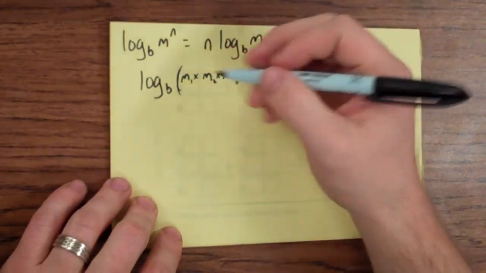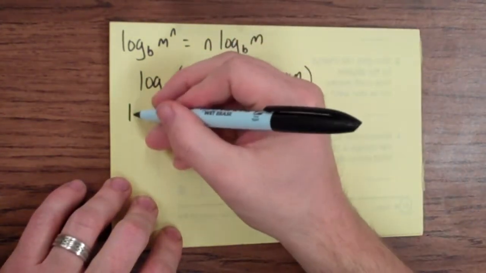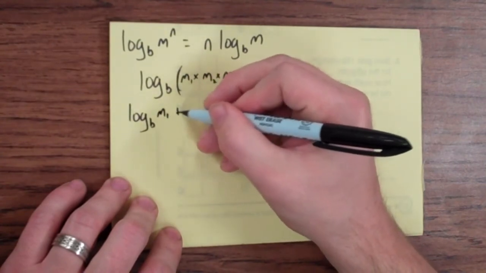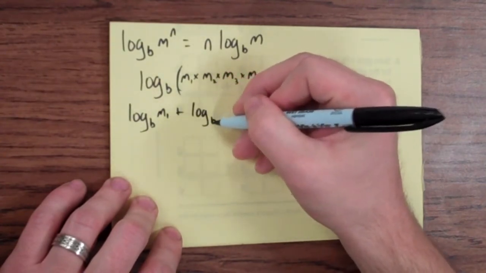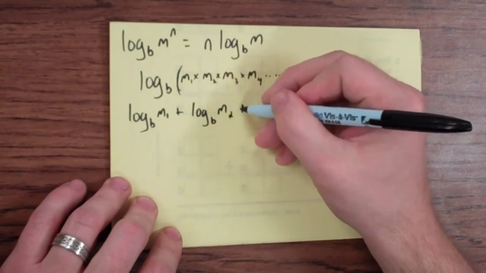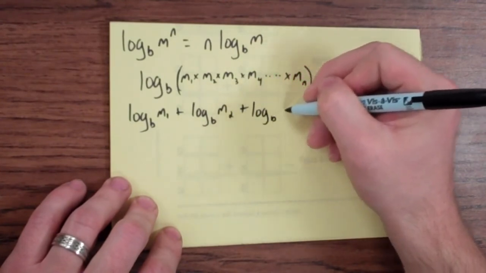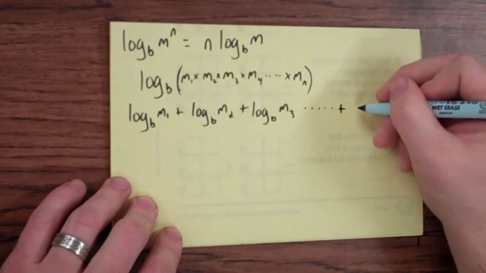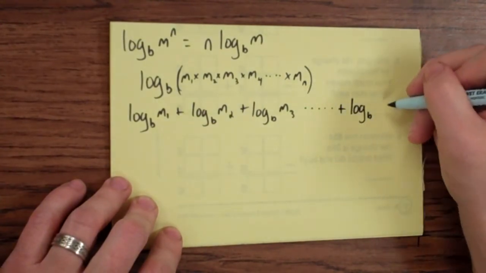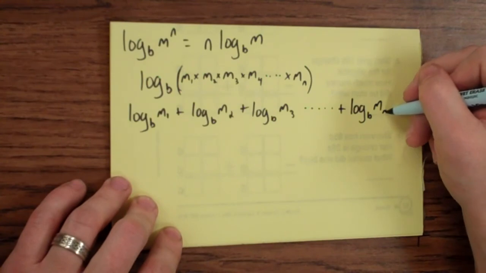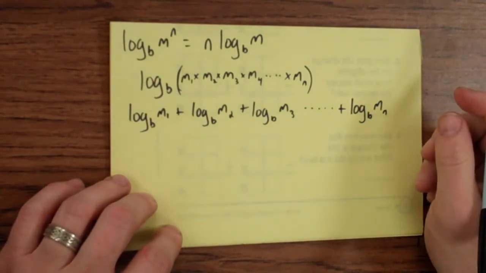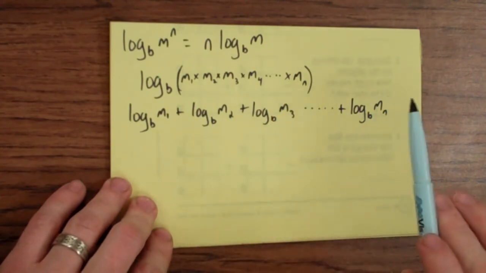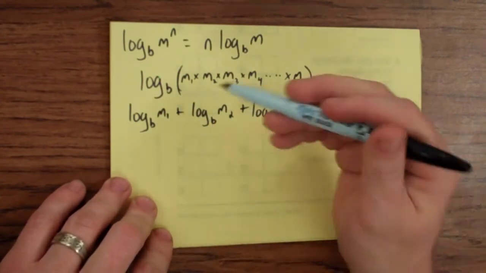So that means that I can rewrite all this as log base b of m1 plus log base b of m2 plus log base b of m3 and so on, plus log base b of m sub n. So I'm adding up all of these log base b's of m.